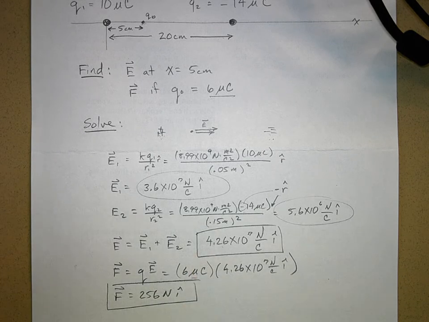So you got 3.6 times 10 to the 7, is that right? Plus 5.6 times 10 to the 6 equals, oh, it's 4.16, you're right.